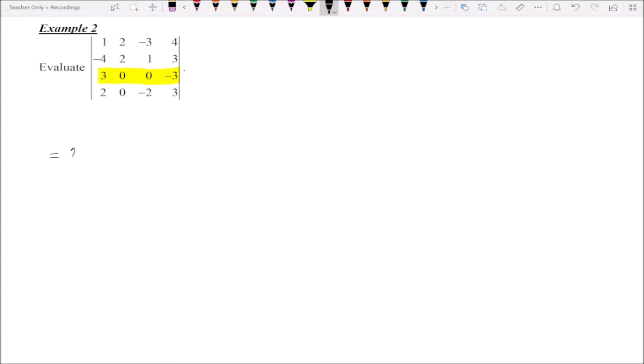For this determinant, we get the 3,1 entry: negative 1 to the 3 plus 1 times 3, times the determinant of what remains: 2, negative 3, 4, 2, 1, 3, 0, negative 2, 3.